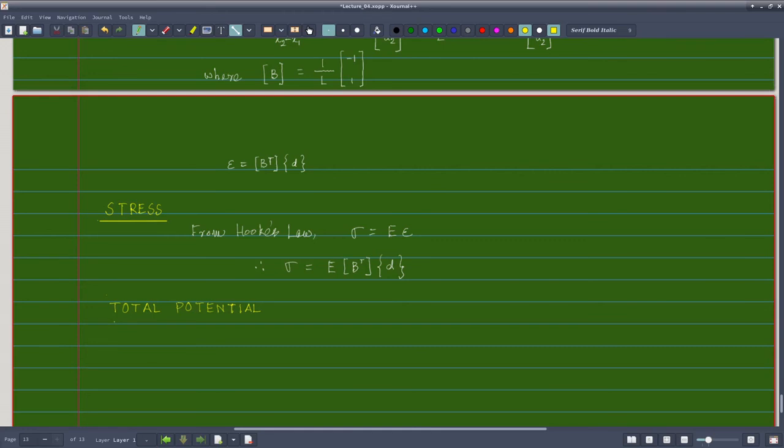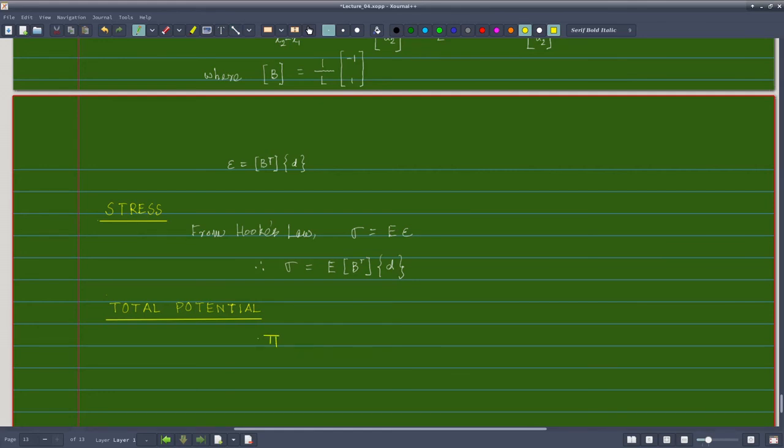The total potential for a general 3D body is given by the strain energy minus the work potential, right?